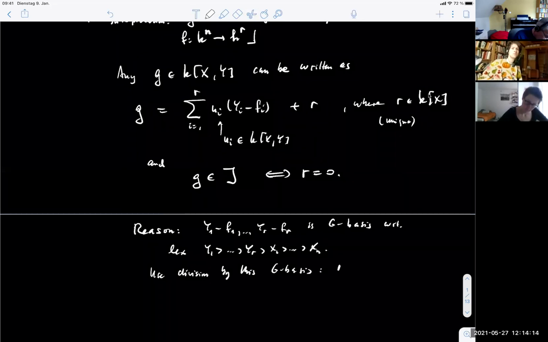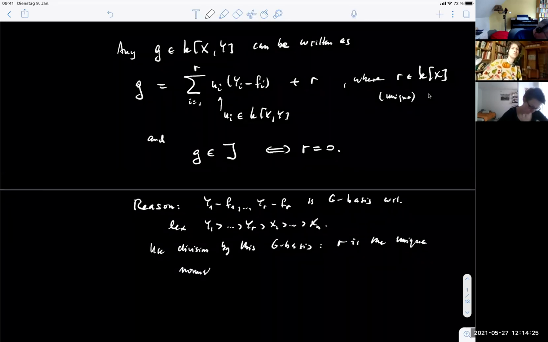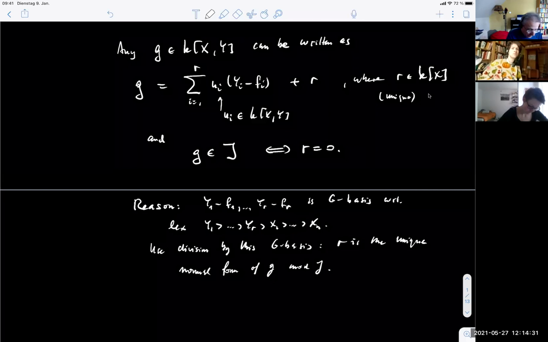Okay, R is the unique normal form of G modulo the ideal. Okay, and then everything is explained.